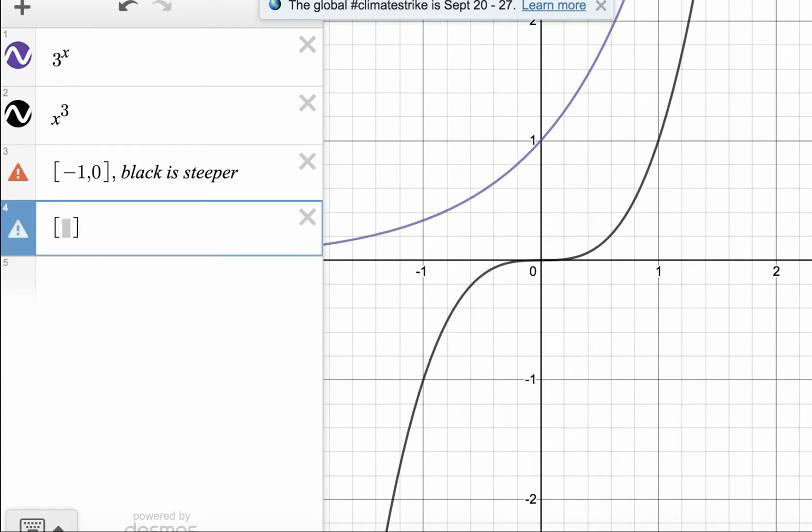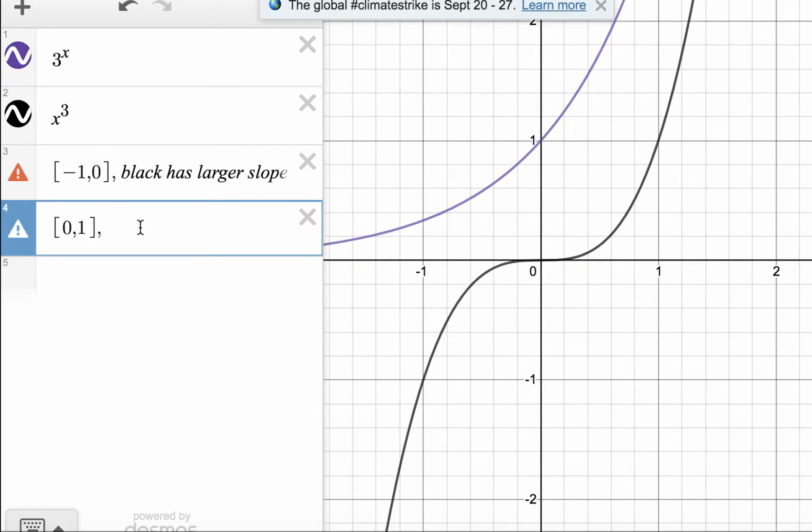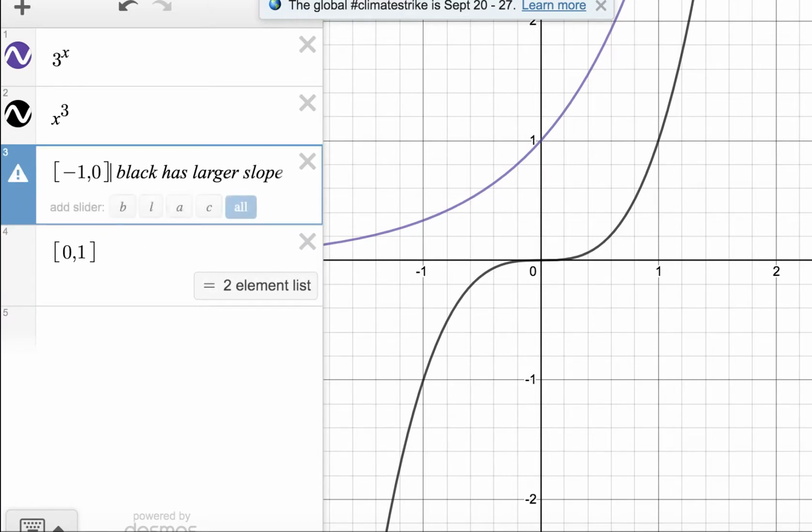And we're going to look at this other interval from 0 to 1. Or let's just say black has larger slope. Okay?